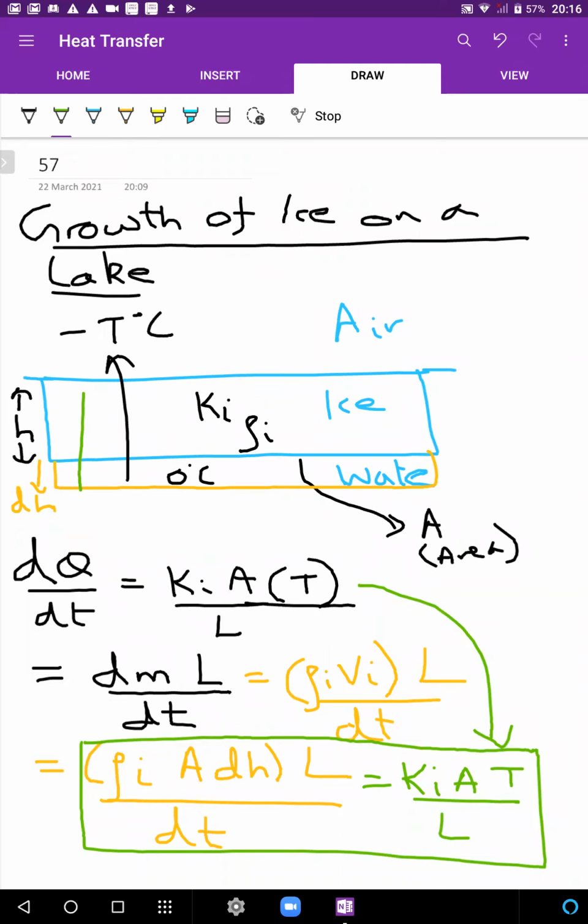So I wanted to write this ultimate equation in terms of ice ka thickness कितने से बढ़ गया. And for that I use the obvious fact कि कितना mass of water freeze हुआ उतना ही तो mass of ice बन गया.